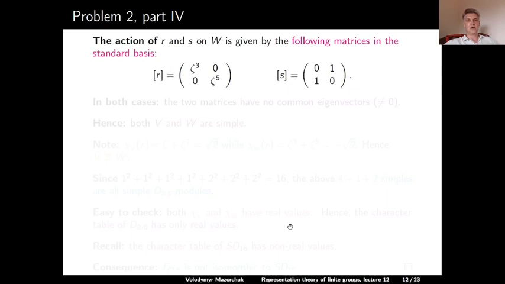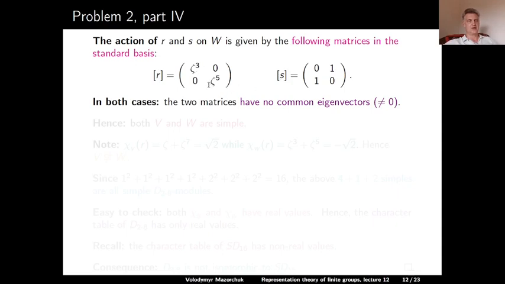And similarly, on the second induced module, the matrix of R will be the diagonal matrix with zeta to the power 3 and zeta to the power 5 on the diagonal. And the matrix of S is 0, 1, 1, 0. So S just swaps the two basis elements. In both cases, the two matrices have no common eigenvectors.